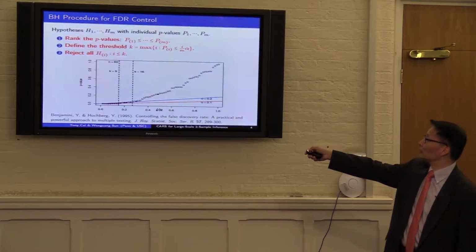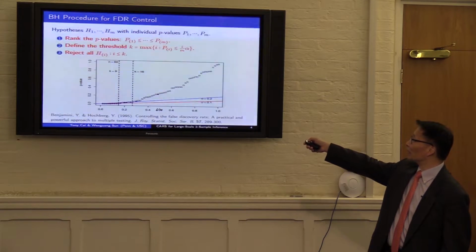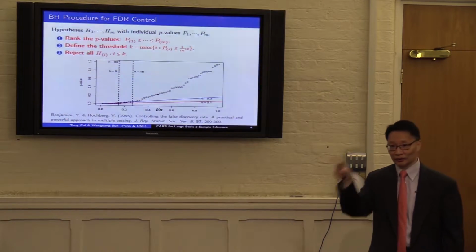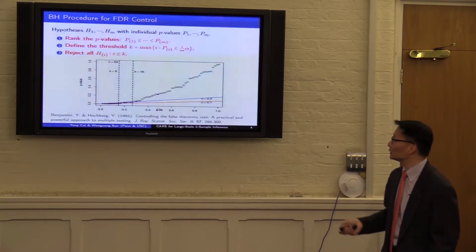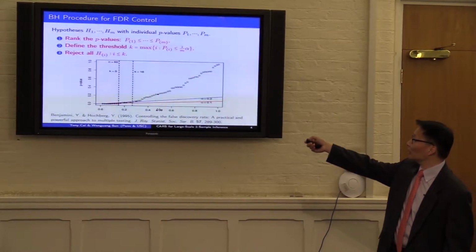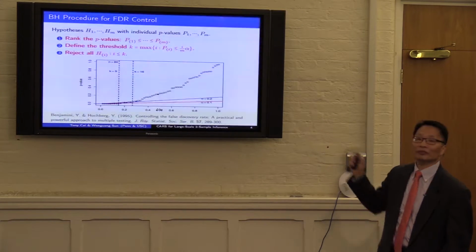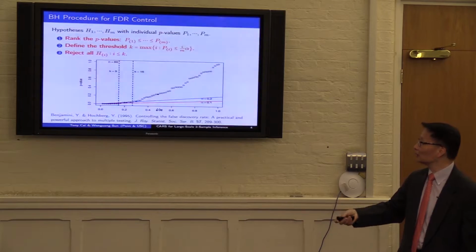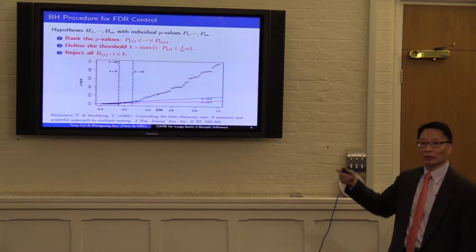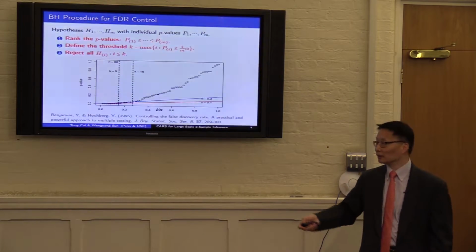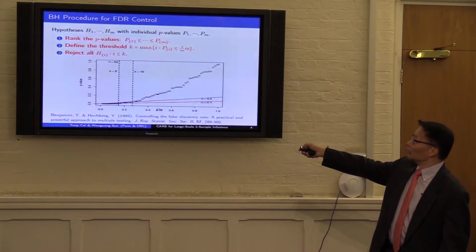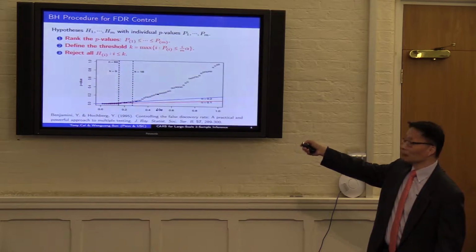So in the BH procedure, we have m hypotheses, and each comes with a p-value, because each row we can summarize by a single p-value. After getting those m p-values, we rank them from smallest to largest. The smaller the p-value, the stronger the evidence against the null. So we are going to reject all those with small p-values.